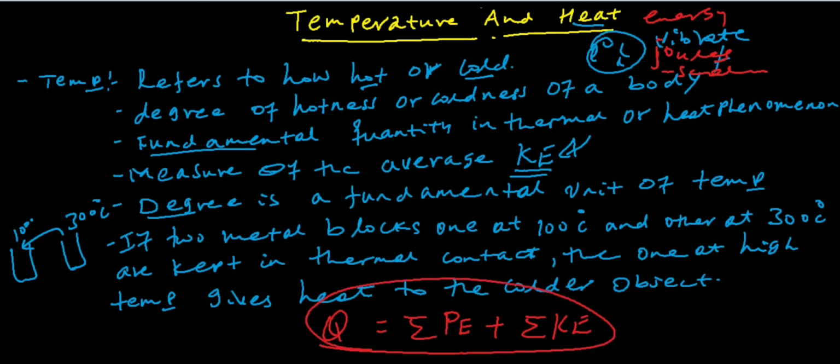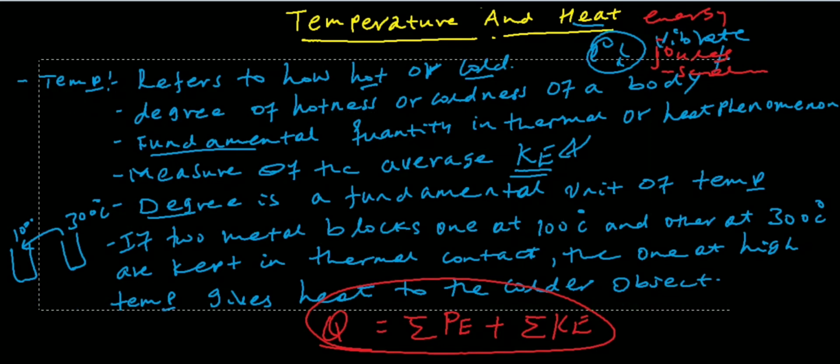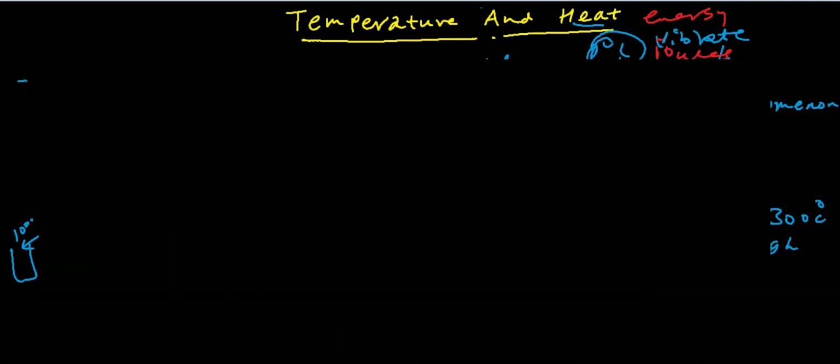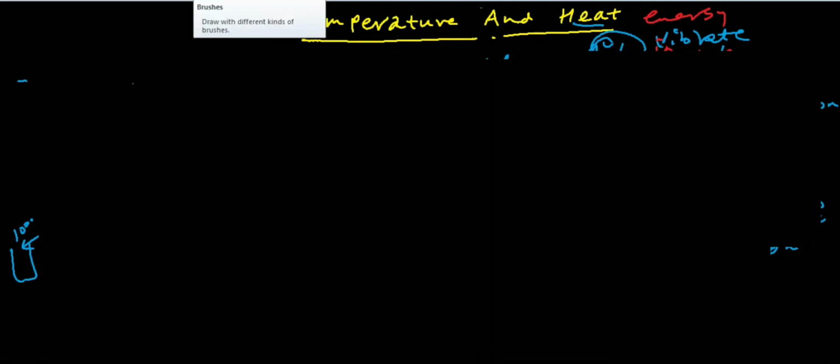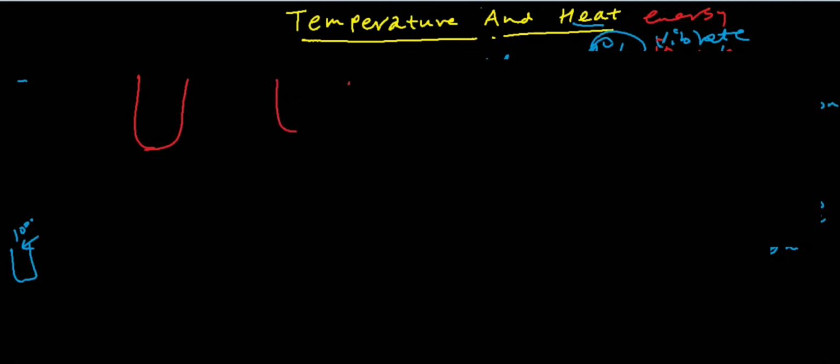Assume we have two bodies, let's say two different beakers. This one has 1 kilogram at 100 degrees Celsius, and this one has 500 grams, which is 0.5 kilogram, at 100 degrees Celsius.